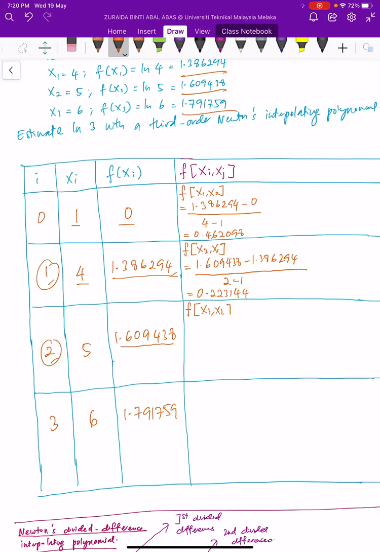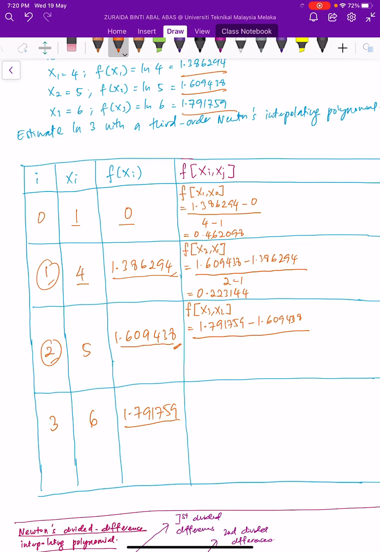Next is the first divided difference for points x3 and x2. The function value at x3 is 1.791759 minus 1.609438, divided by x3 minus x2.